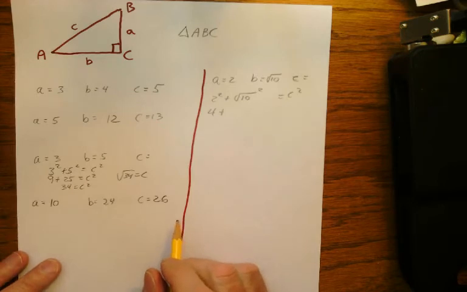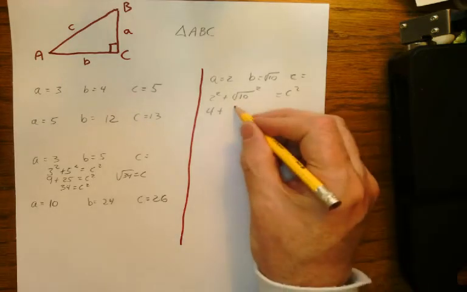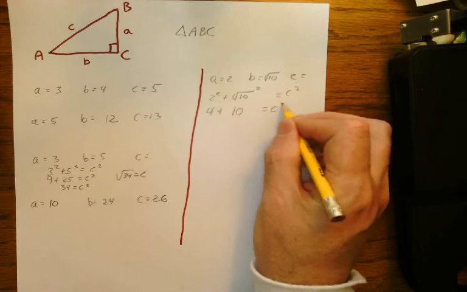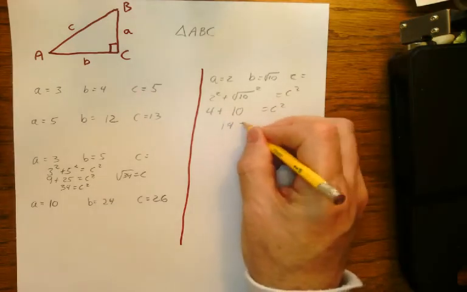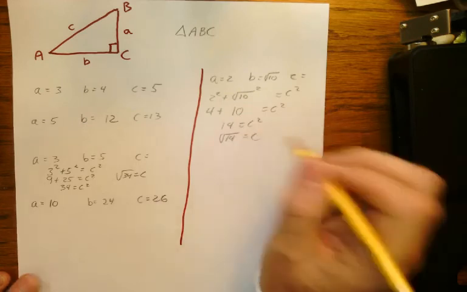Well, the simple way to do that is if you think that squaring and square rooting are opposites, if you do the square root of 10 and you square it, you're just going to get 10. And you get 14 is c squared, square root of 14 equals c.